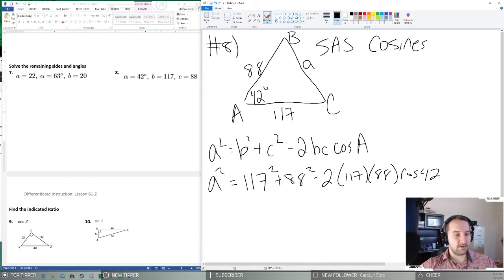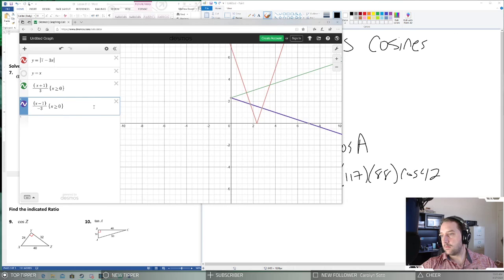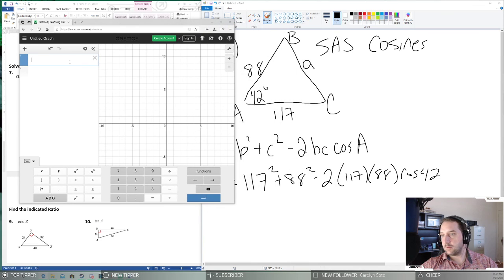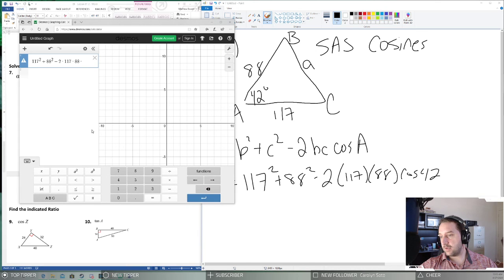So I just need to enter that in my calculator. So let's enter that in. 117 squared plus 88 squared minus 2 times b times c times, now my cosine, I have to change it to degrees, so times cosine of a.